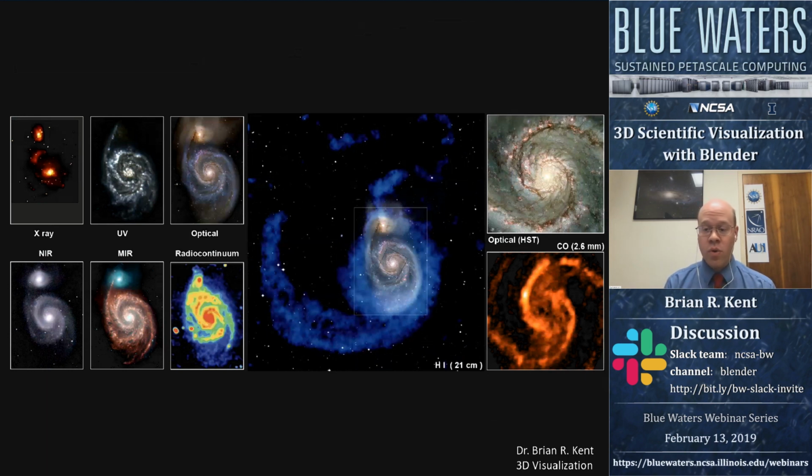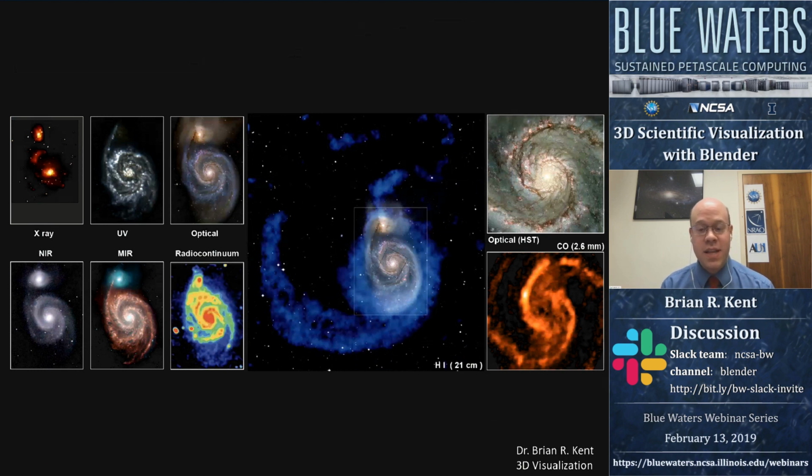And then in the orange and the blue, right there in the center and on the right-hand side, you see the 21 centimeter, the 1420 megahertz radio emission of neutral hydrogen. As you can see, color-coded in blue right there in the middle, this hydrogen gas extends well beyond the disk of the galaxy. And this is a view of the universe that we would never have if we didn't have radio telescopes.